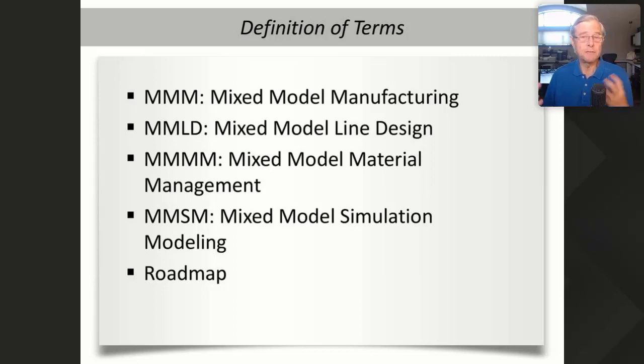It's what successful lean companies do. They may not call it that, but it's what they do. So the mixed model part of it is we're designing a value stream that can handle more than one product. Typically, they're similar, so it has to be a family of products with similar characteristics and processes, but different models. And some are harder and some are easier.